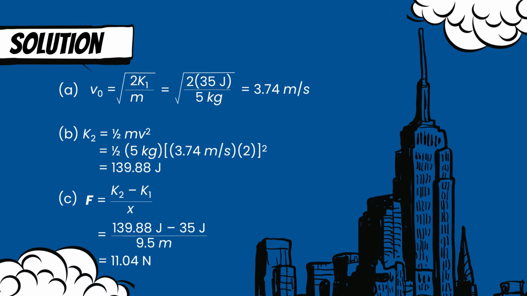And for the constant force acting on it, we have force is equal to K sub 2 minus K sub 1 over x, which is equal to 139.88 joules minus 35 joules all over 9.5 meters, and that yields 11.400 Newtons.